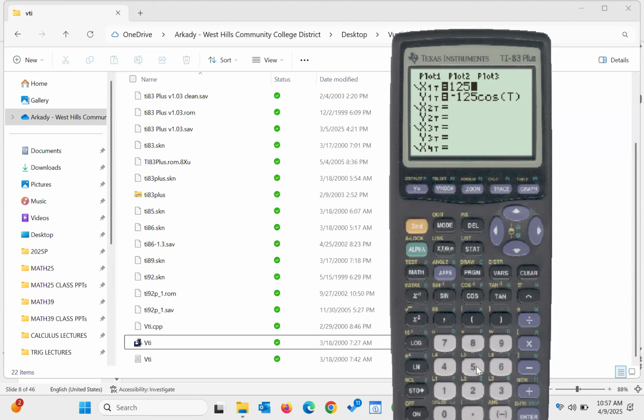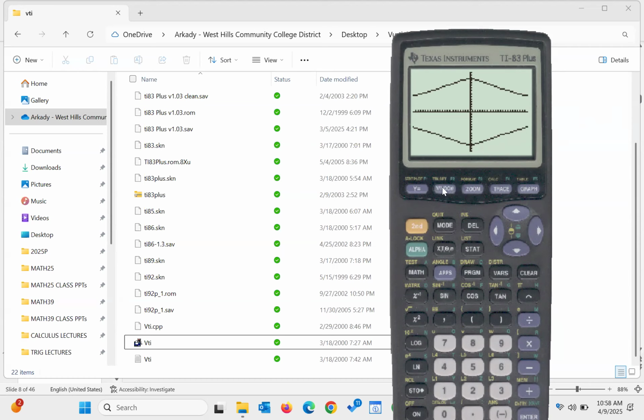Let's see what happens there. Whoa. So what happens to tangent? Tangent goes off to infinity, doesn't it, when it approaches pi over 2 or 90 degrees? So this graph right here goes, vroom, off to infinity.